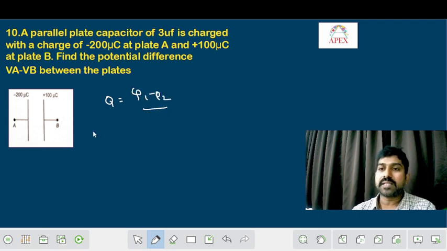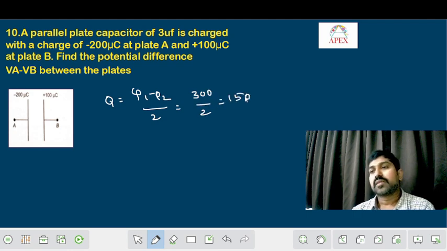For the combined capacitor, the charge of the capacitor can be taken as Q1 minus Q2 by 2. That means 100 minus 200, that is 300 by 2. What is the charge value? 150. Charge value is 150 microcoulomb.